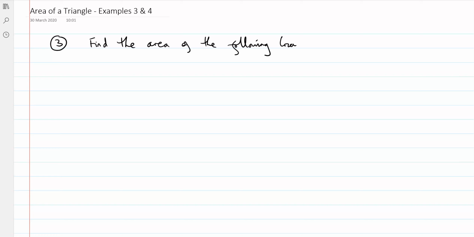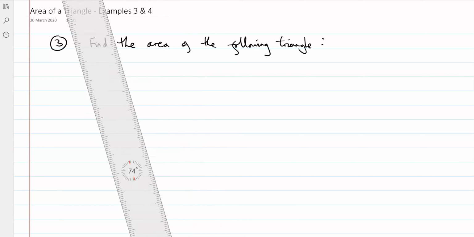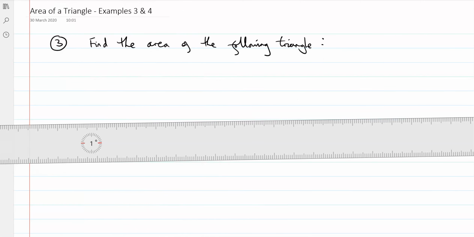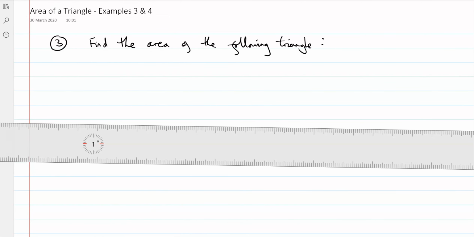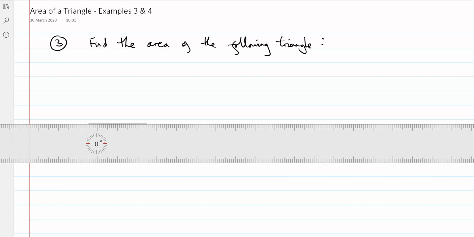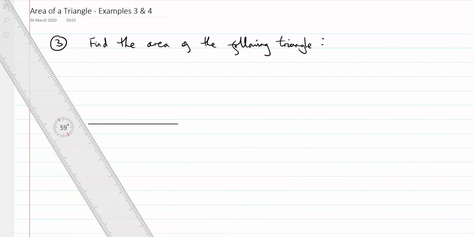Okay, so write out your questions, draw your triangle. So your triangle I'm going to give you this time, it's going to have an obtuse angle in it. It's going to look like this.